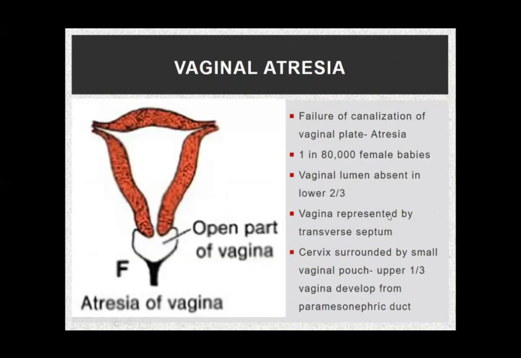Okay, vaginal atresia. There was a development of vagina, sinovaginal bulb भी बने थे, but what happened was vaginal plate भी बन गई ना, sinovaginal bulbs fuse करके vaginal plate बन गई, but there is failure of canalization of the vaginal plate.